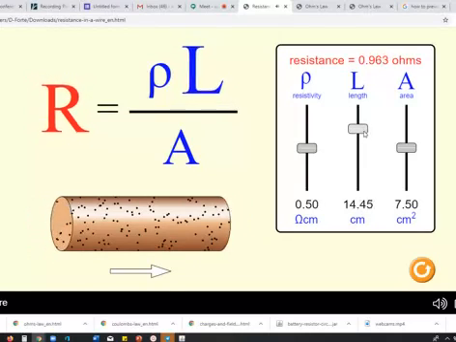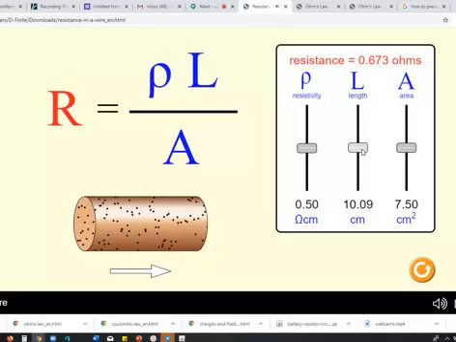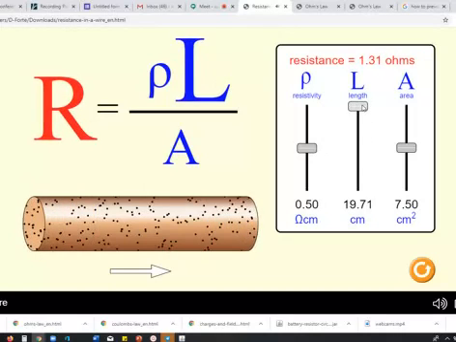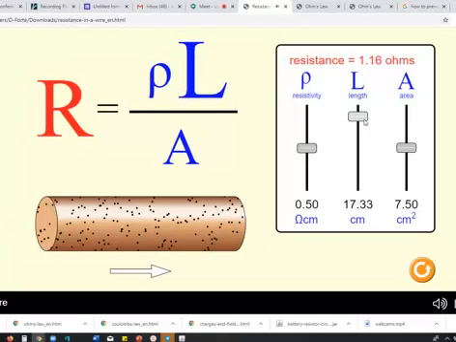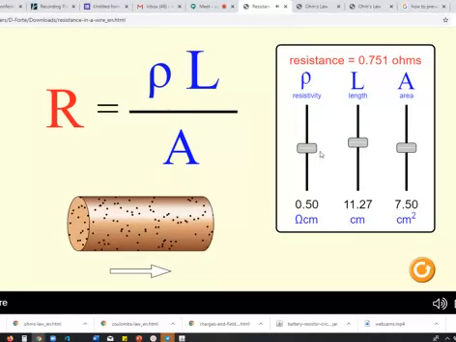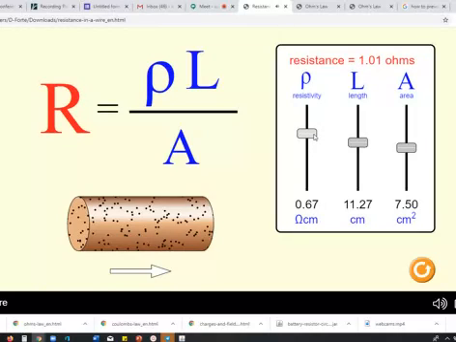Now, let us keep length here at max. Okay, now let's make it flexible. Let's increase resistivity and see what happens to resistance. Increase in resistivity is leading to a corresponding increase in resistance. I believe you are following.